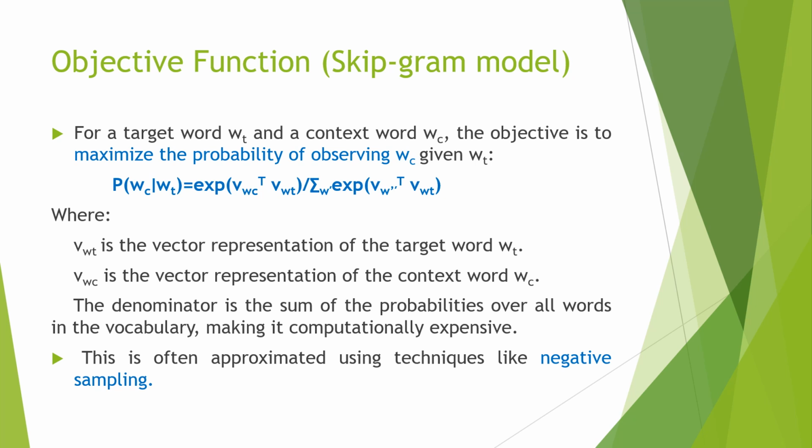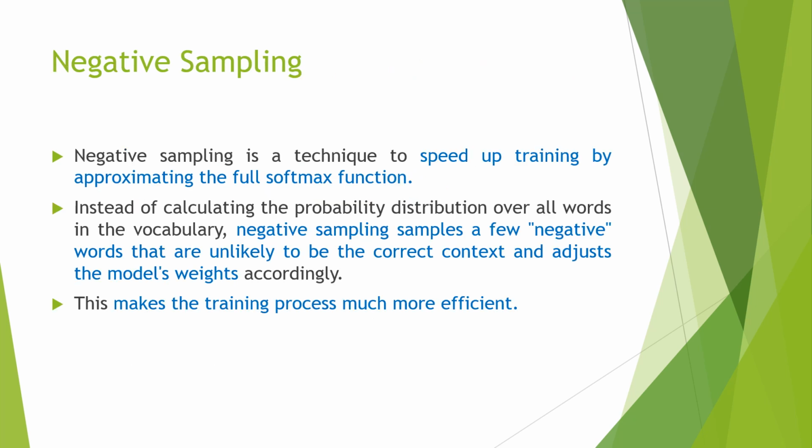To reduce the computational complexity, we go for negative sampling. For negative sampling, it considers a sample with a few negative words. These negative words are unlikely to appear in the given proper context, and the model adjusts the weights accordingly to improve the predicted output.